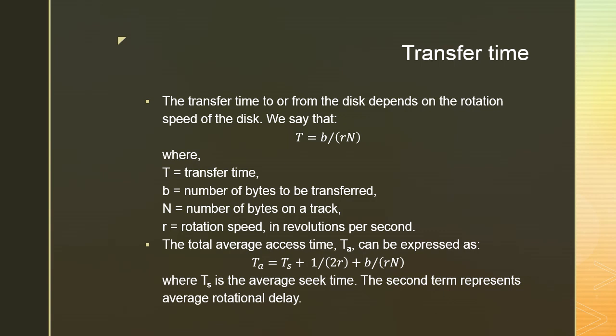The total average access time Ta can be expressed as a sum of the seek time, the rotational latency, and the transfer time. Ta is Ts plus 1 divided by 2r plus B divided by rN.